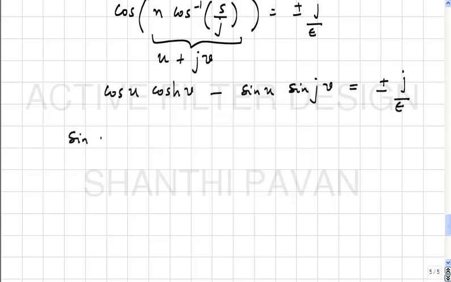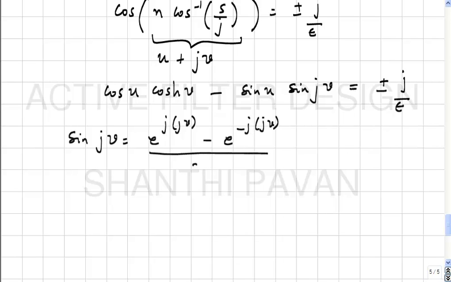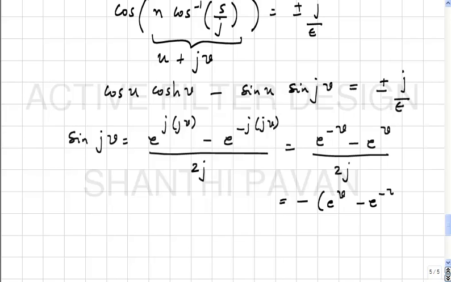Sin jv is e to the j into jv minus e to the minus j into jv divided by 2j, which is e to the minus v minus e to the v divided by 2j, which is minus e to the v minus e to the minus v by 2j.